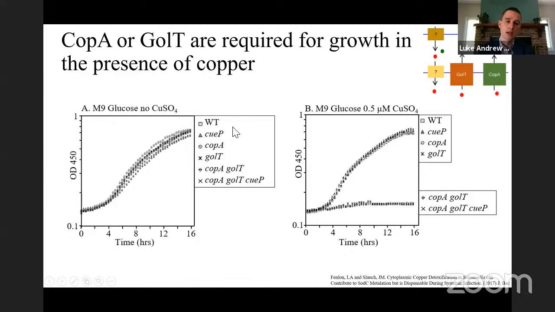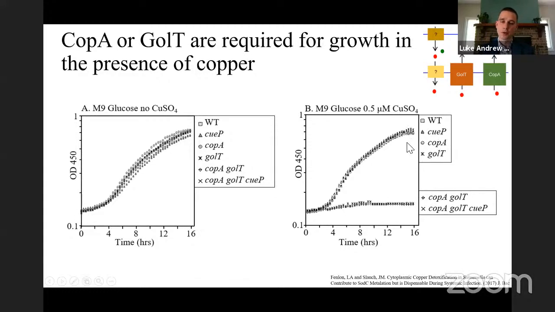You can see wild type, the copA, golT, and cueP single mutants, the double mutant and the triple mutant all grow similar to wild type. If we add as little as 0.5 micromolar copper sulfate to that medium, you now see that the copA golT double mutant and the triple mutant don't grow, whereas the single mutants grow similar to wild type again.